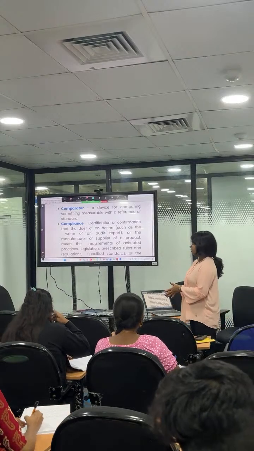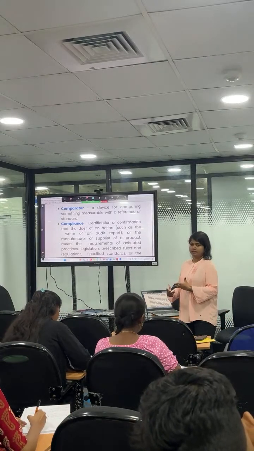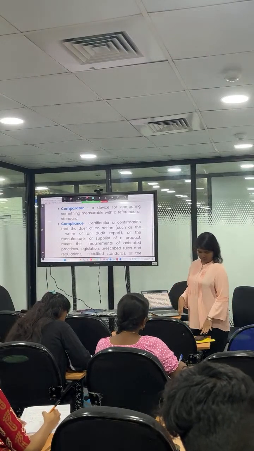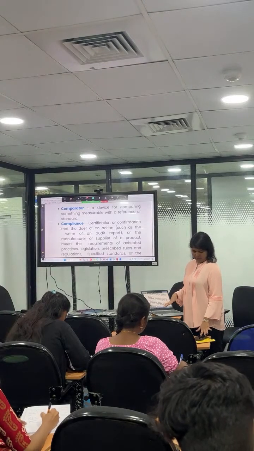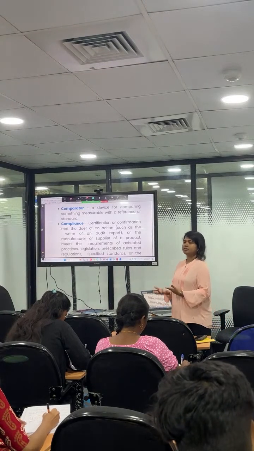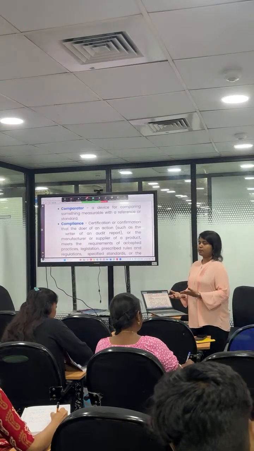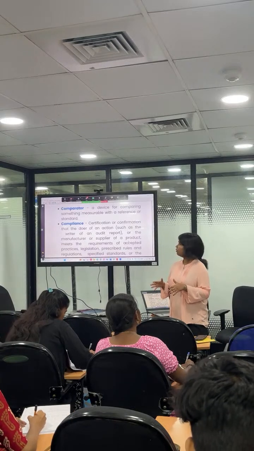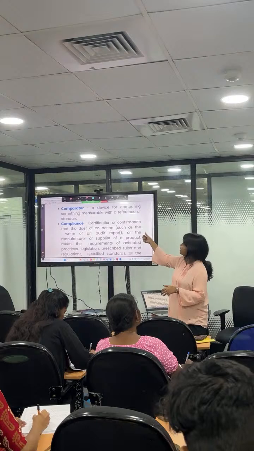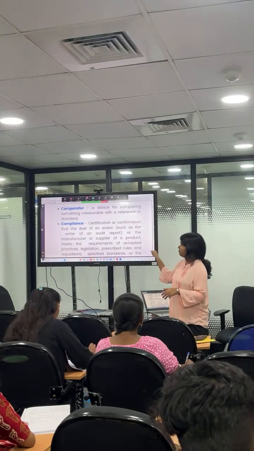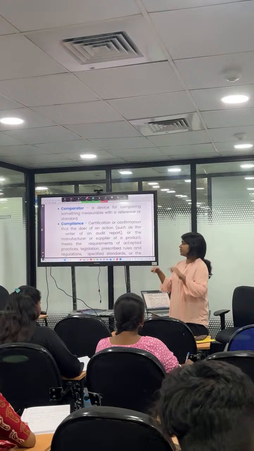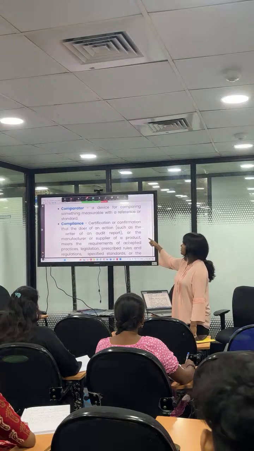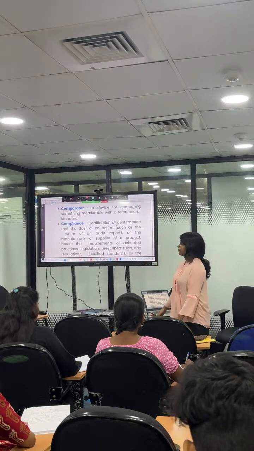Example for this comparator: a new study, a new treatment is compared to an existing one. Suppose same study we are going to conduct, they will compare by using this comparator device. They will compare with the existing one and present one. That's it. A device for comparing something measurable with the reference or standard.